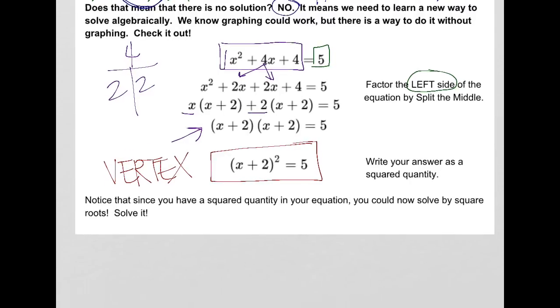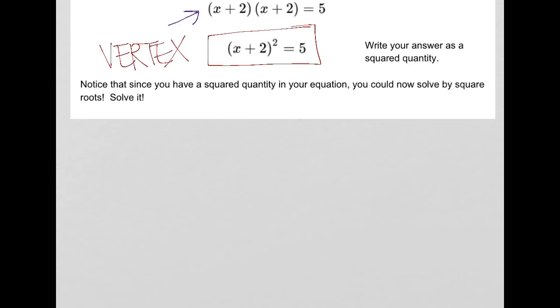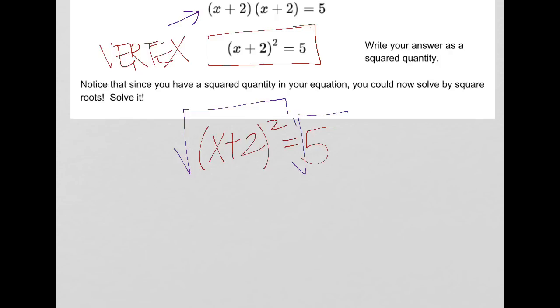In fact, I have some room down here, and on your notes you should be following along. If we have the quantity x plus 2 squared equals 5, we can solve this by square rooting both sides. And remember, because that squared quantity is already by itself, we can square root both sides, and we take the positive and negative square root.